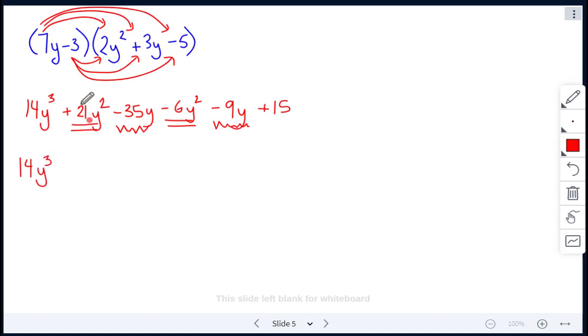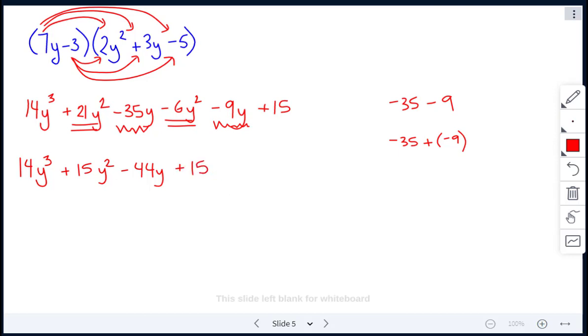All right, so 21 minus 6 gives me a positive 15y squared. Then I have a negative 35 minus 9. Okay, so recall it's negative 35 minus 9, which is the same thing as negative 35 plus negative 9. All right, either way you enter it in your calculator, you'll get a negative 44y. And then we just have the positive 15.